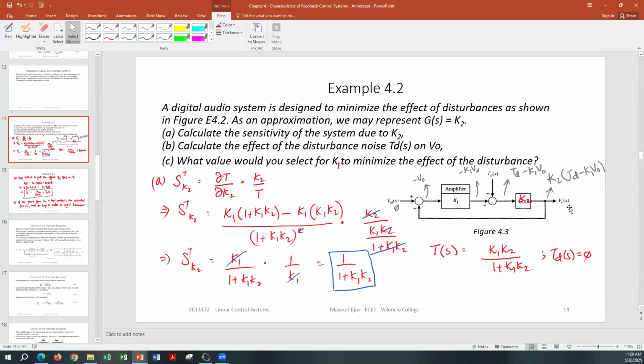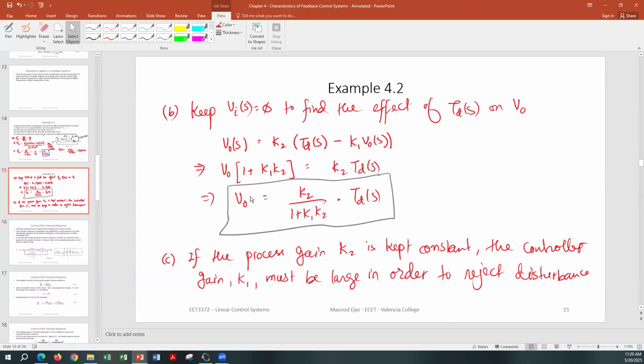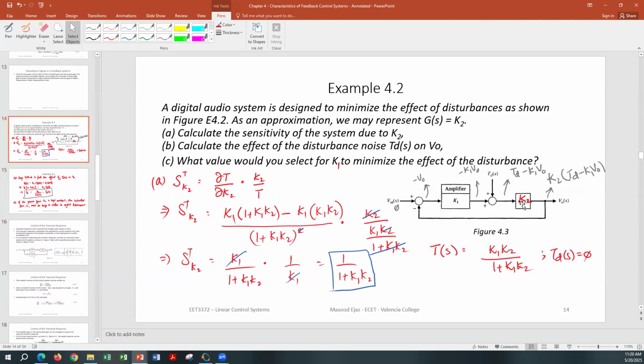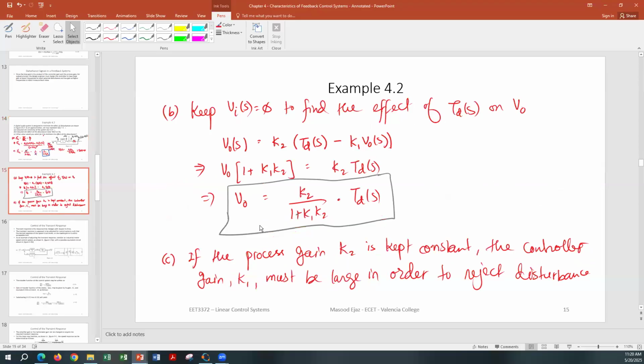So Y(s) is equal to G(s) times TD(s) minus GC(s) times the output. Or using this equation, K2 was G(s) and K1 is GC(s). So G(s) over 1 plus GC(s) G(s) times TD(s).